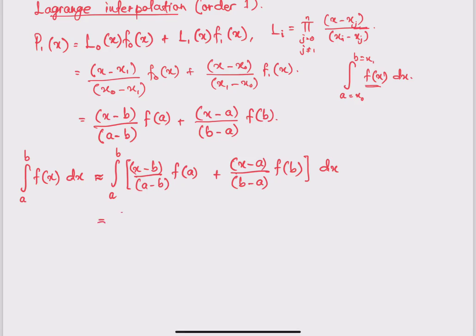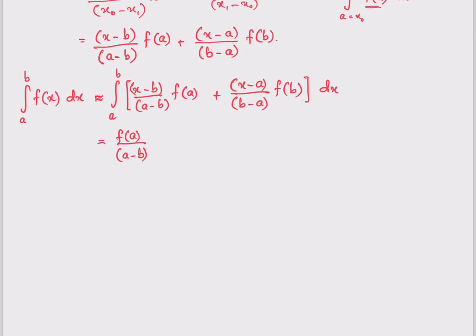You have f(a) divided by (a minus b) from the first term because it is a constant. Now when you integrate x minus b, what you will get is (x minus b) squared divided by 2, with lower limit a and upper limit b.